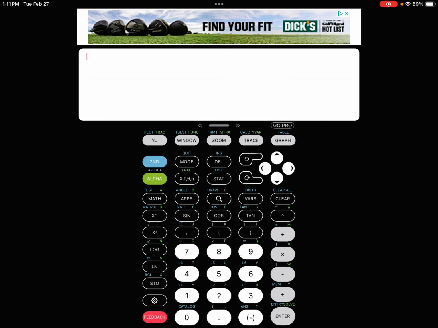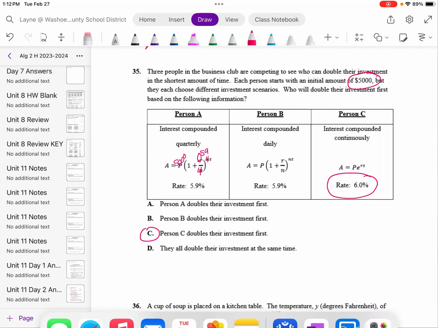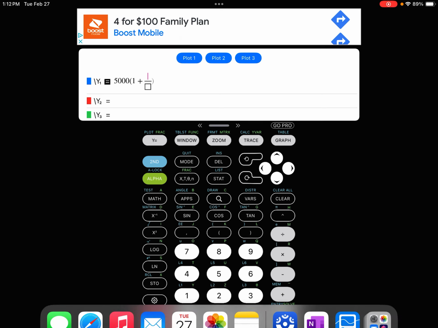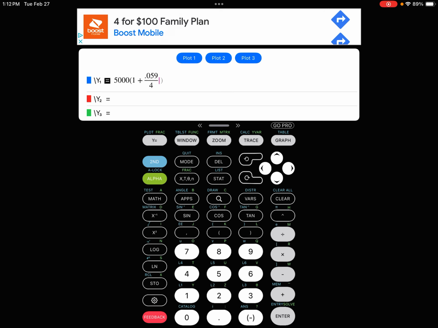I'm going to go to my table of points. So I go to y equals, and then I'll go to my table once I type it in. 5,000 times 1 plus, and then we'll do a fraction. 0.059 over n, which is 4.